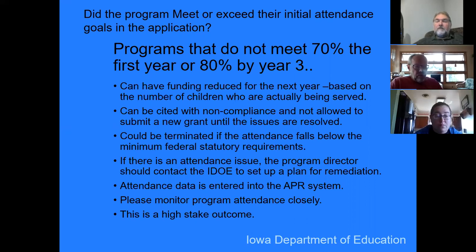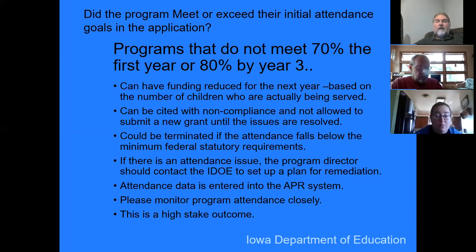And in Iowa, we're very generous. A lot of states go to 100% of what your attendance was on that application. But because we're working with at-risk children and children that have chronic attendance issues, I didn't think that that was a reasonable measure for us. And so we were approved to go with 70 and 80%.